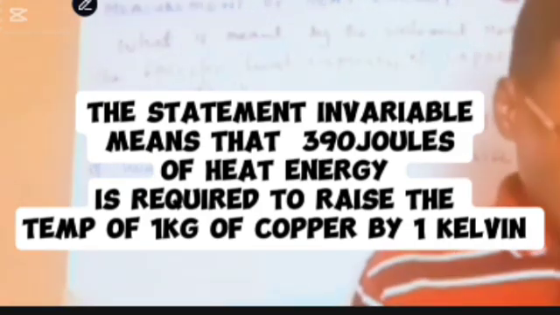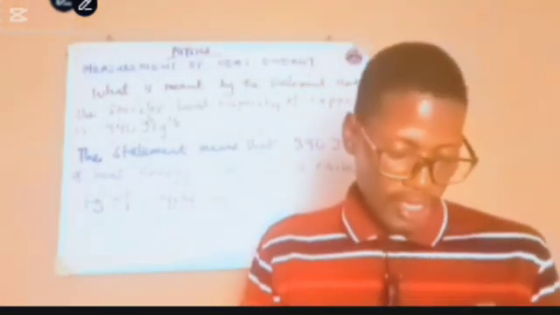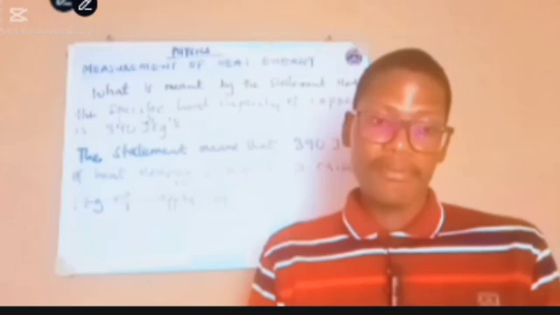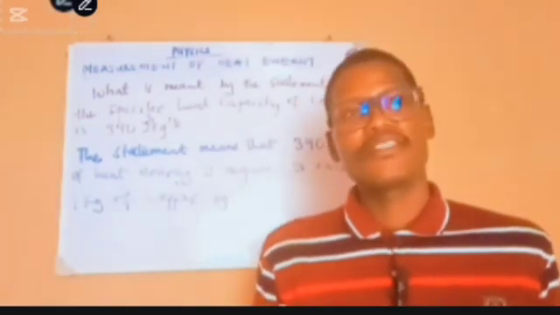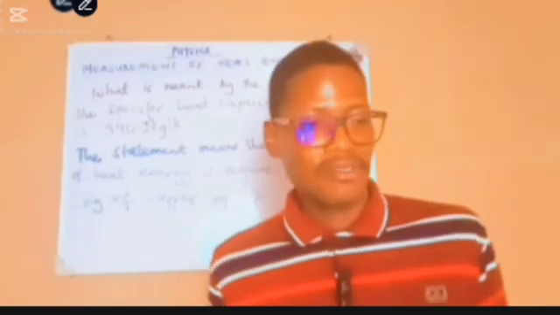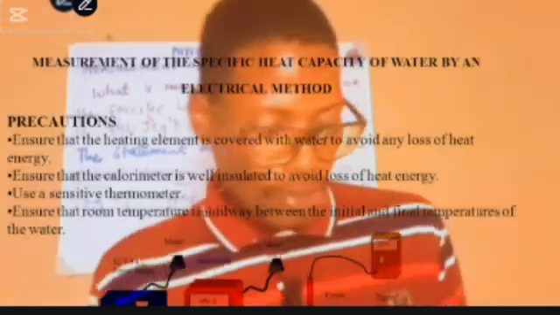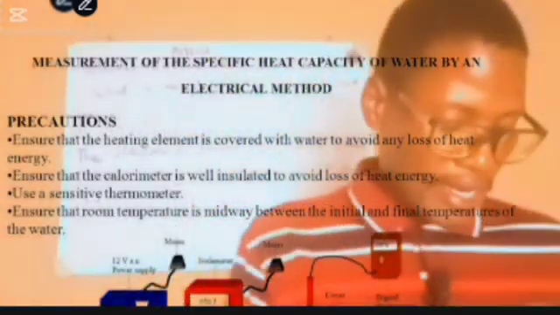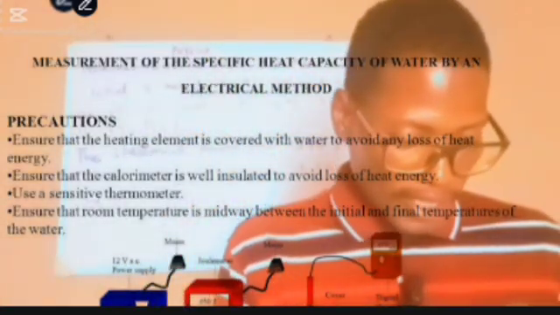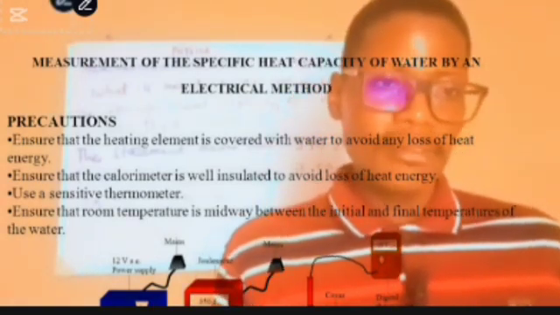So, this is where we are going to stop for today. I will implore you to check through your textbooks and see if you are able to solve any questions related to this. And in our next class, we are going to look at experiments to measure the specific heat capacity of solid or liquid by electrical method.